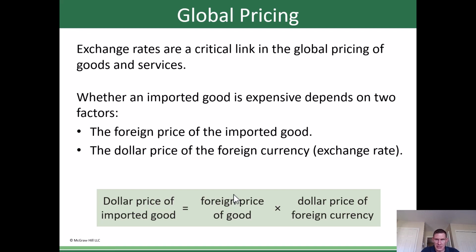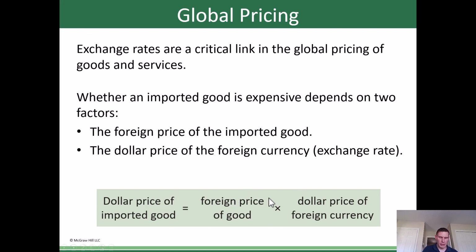Whether an imported good is expensive really depends on two factors: one, the foreign price of the imported good, and two, the dollar price of the foreign currency, or the exchange rate. The formula we would use is: the dollar price of the imported good is equal to the foreign price of the good times the dollar price of the foreign currency.